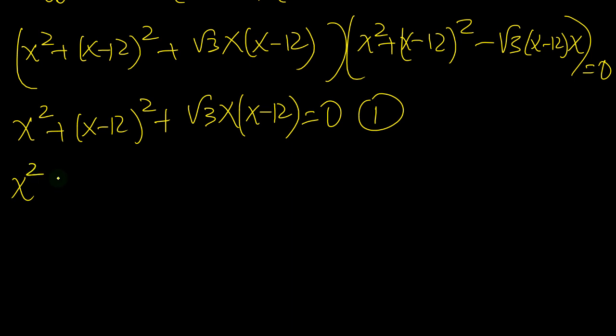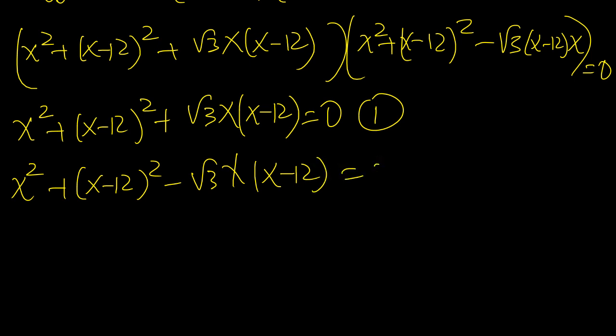And the other one is x squared plus x minus 12 squared, minus square root of 3x times x minus 12, and then this is 0, and then we have 2 here.